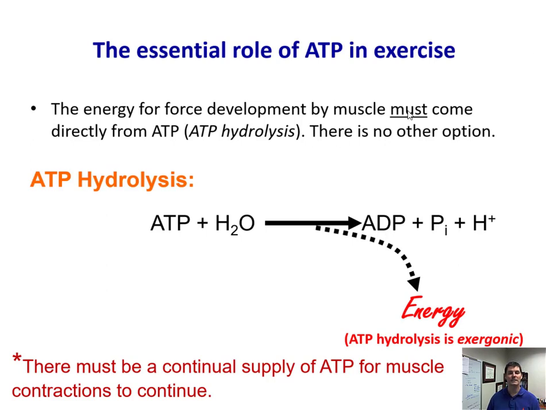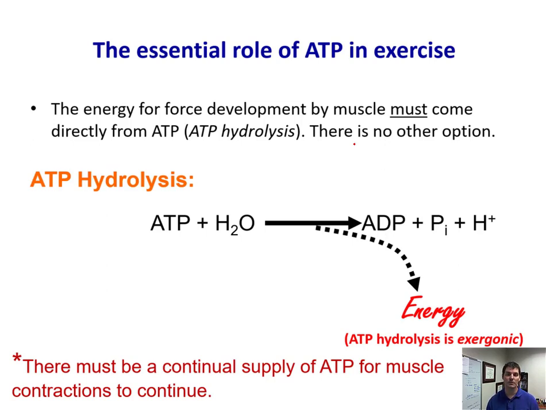Here we see this definition come into fruition for metabolism: in order to generate force, we must directly use ATP. The metabolic process in which this occurs is ATP hydrolysis. You don't have to know the specific reaction, but the key is there's no other option to provide energy.